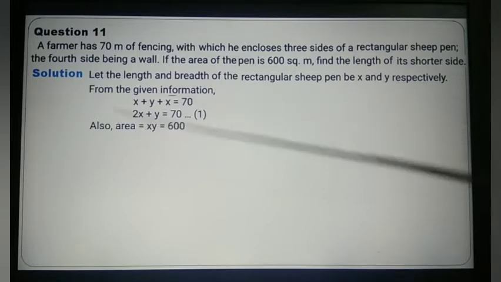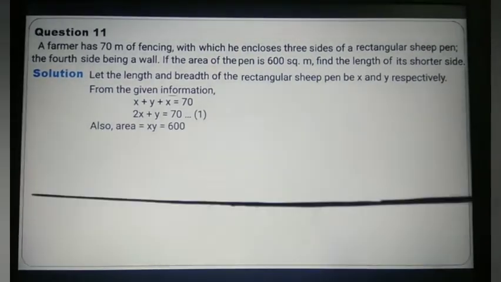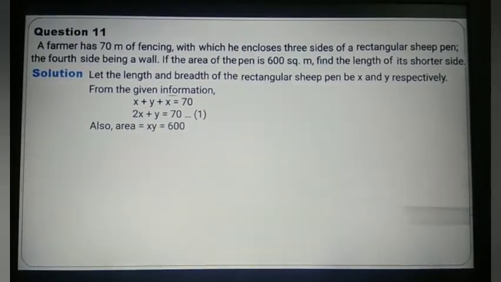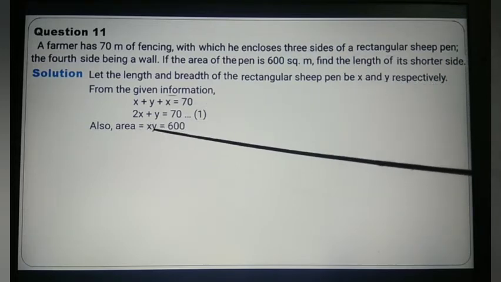And the area of this rectangular shape pen is going to be x into y, and it is given to be 600.